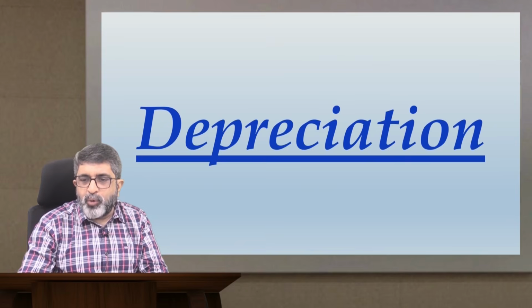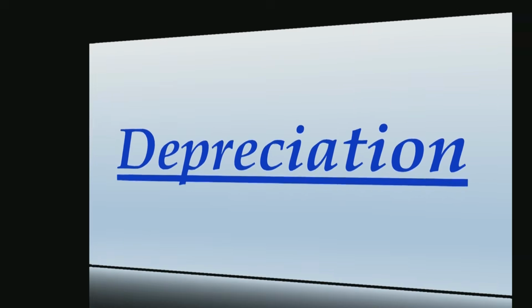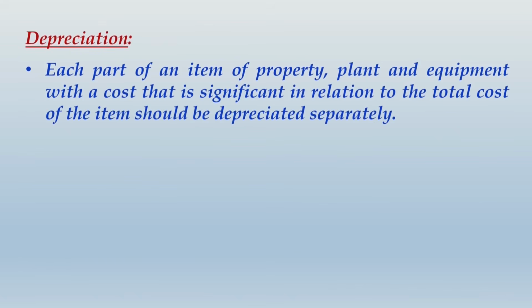So let us write some notes on depreciation. Under the heading depreciation, you please start writing: each part of an item of property, plant and equipment with a cost that is significant in relation to the total cost of the item should be depreciated separately.